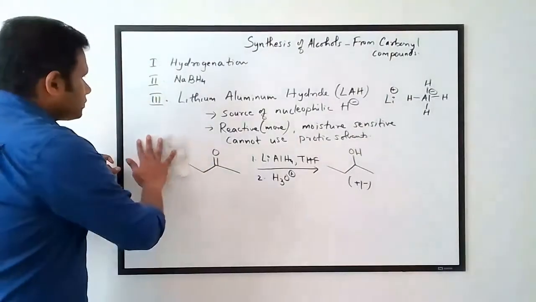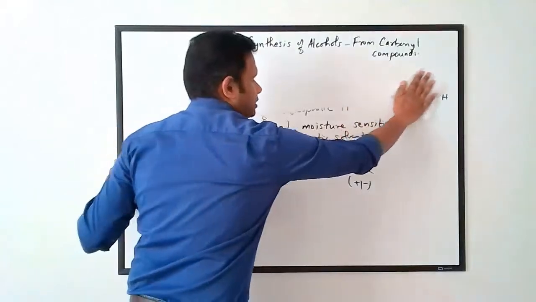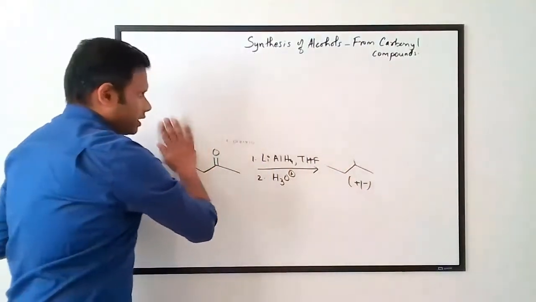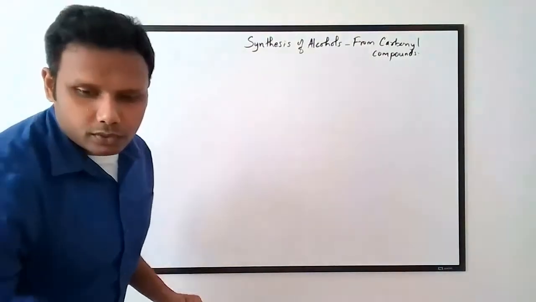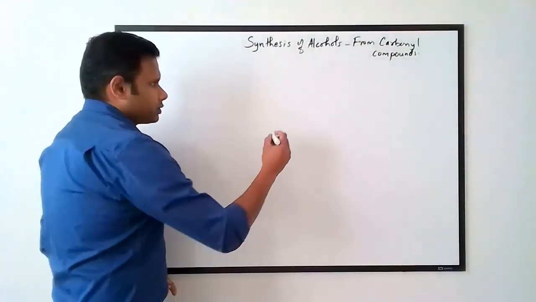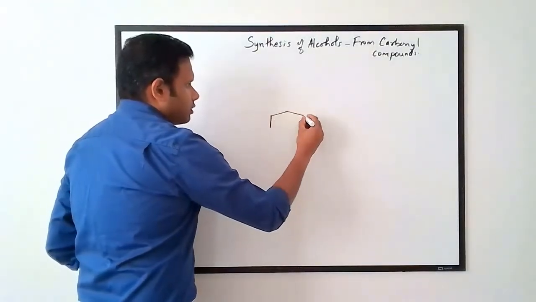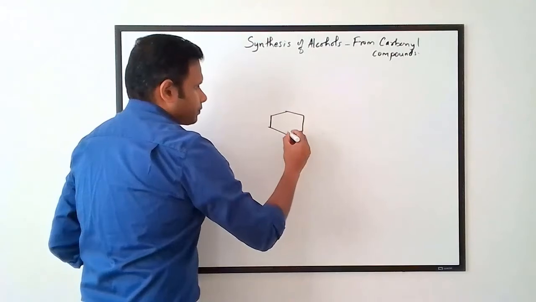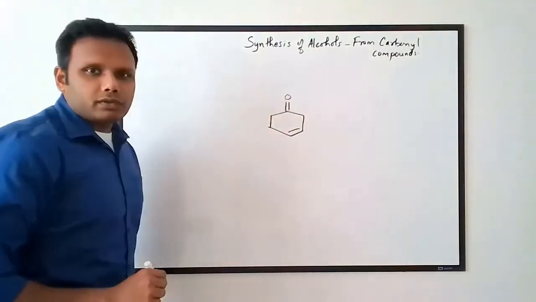Now, let's summarize all 3 of these reactions and what the similarities and differences between them are, okay? How could we use them and what would be the products? So let's choose a carbonyl compound, maybe this compound here.